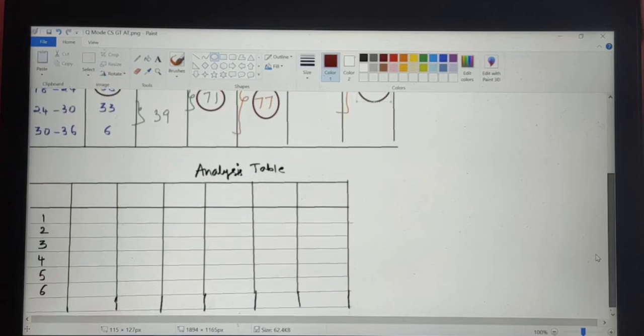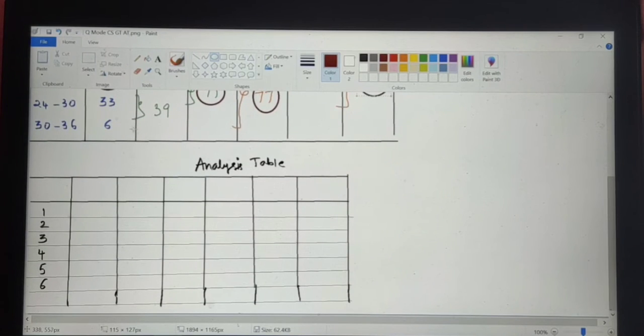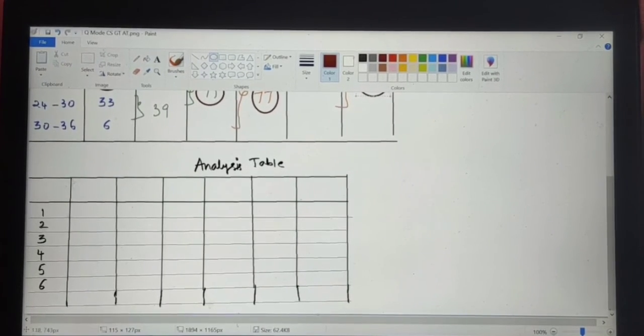In the analysis table let's put the values of the class intervals. Our class interval starts from 0 to 6, 6 to 12, 12 to 18, 18 to 24, 24 to 30, 30 to 36.